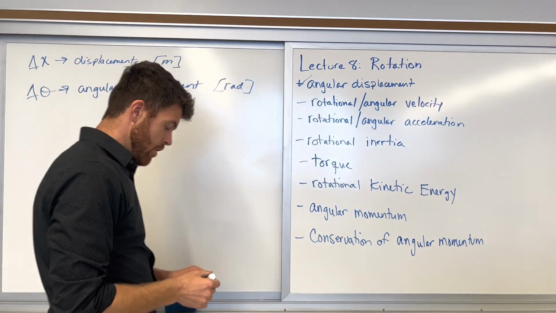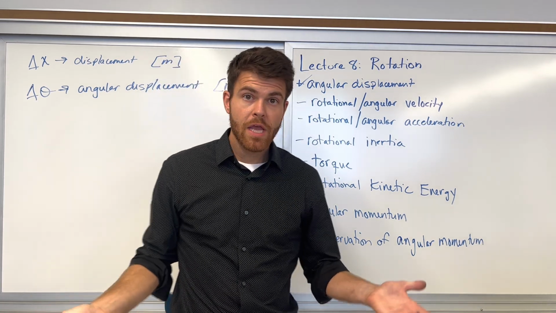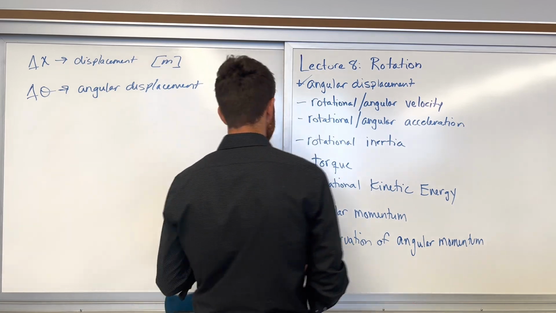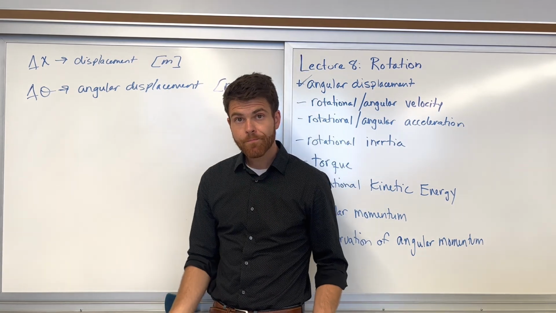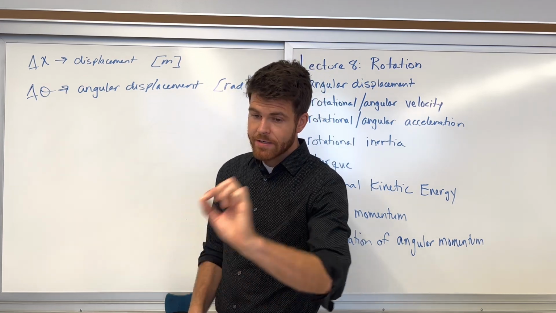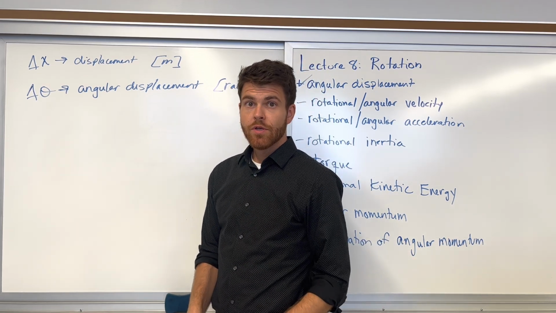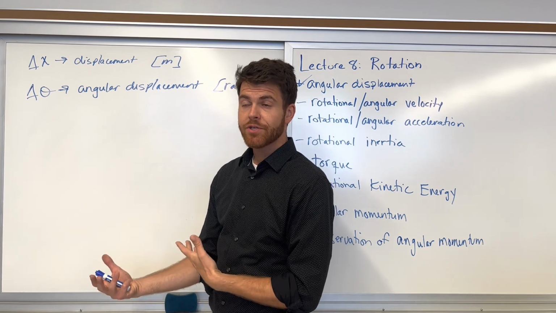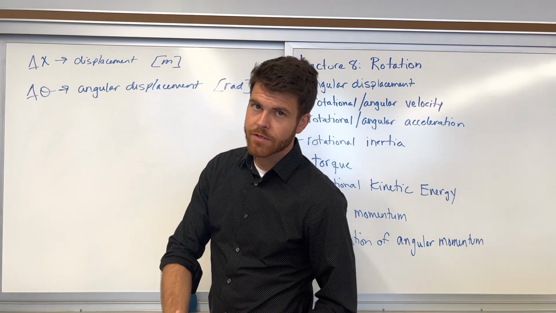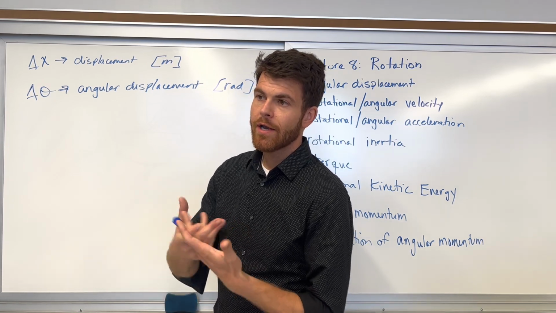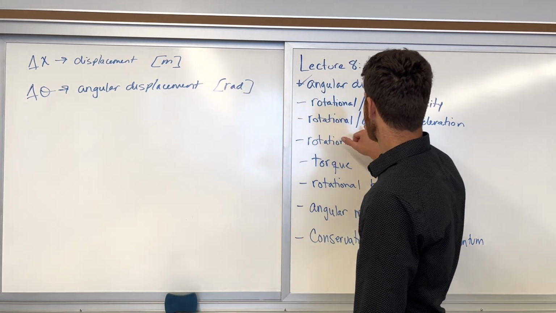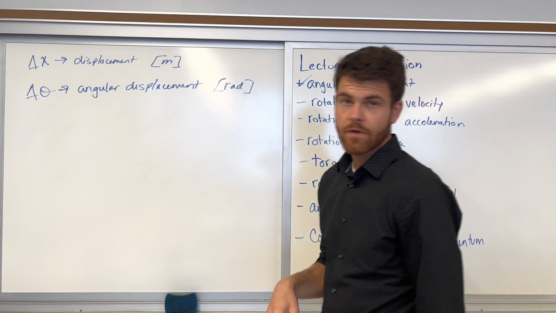All right, so if an object is rotating, it is undergoing an angular displacement, and it's undergoing that angular displacement throughout some time interval. Just like with translation, we can characterize the rate of displacement using a velocity. We can represent the rate of angular displacement not with a translational velocity, but with a rotational or angular velocity.